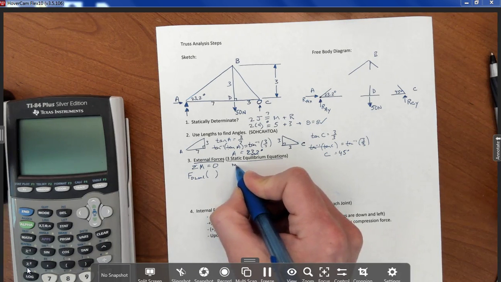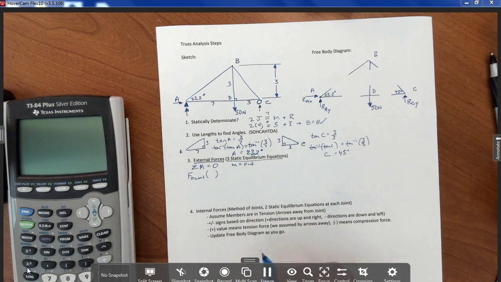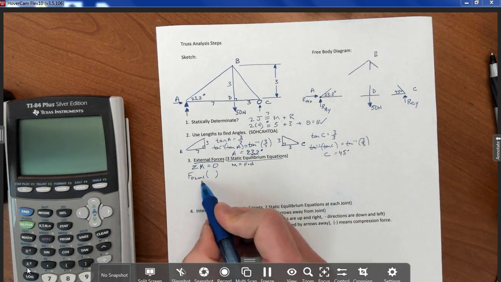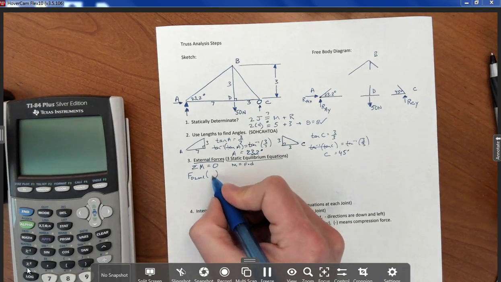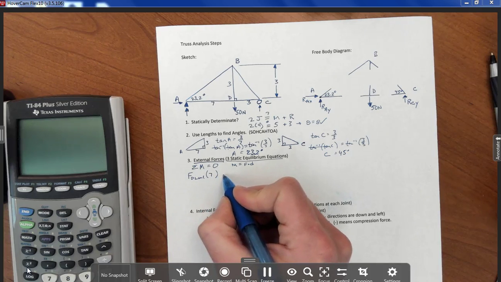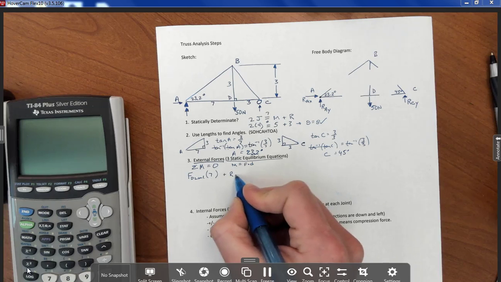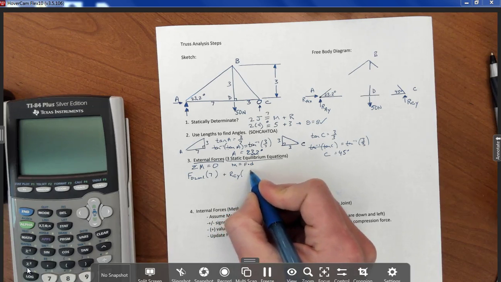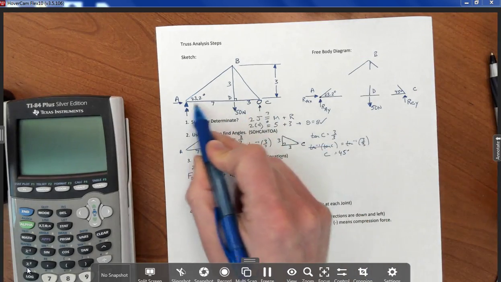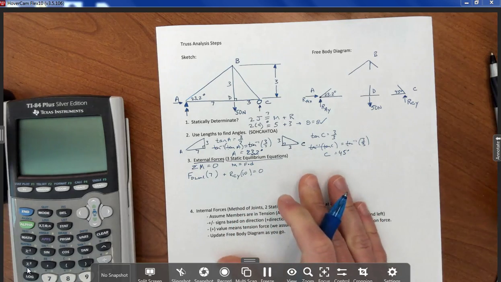Remember, a helpful little thing is that a moment is a force times a distance from the fulcrum. And so we've got that force times a distance, which was 7, plus the reaction force at C in the Y direction times a distance from the fulcrum right here, which was 10. And these need to add up to equal 0.